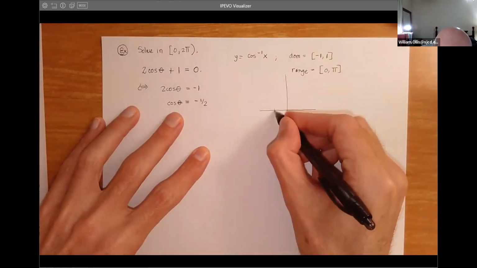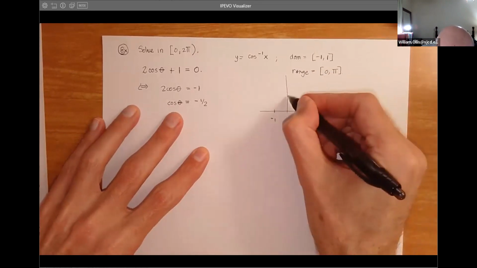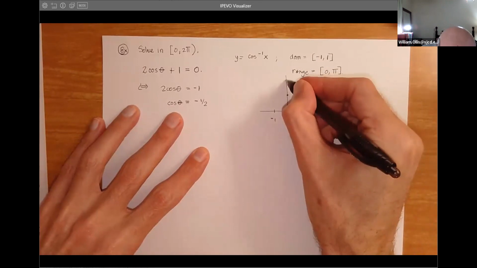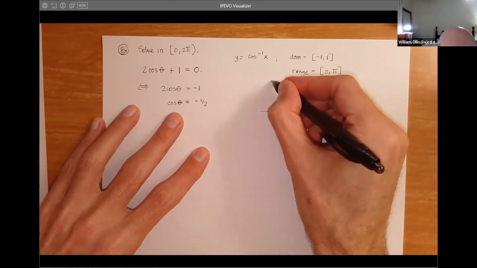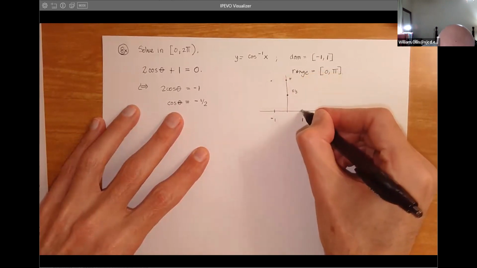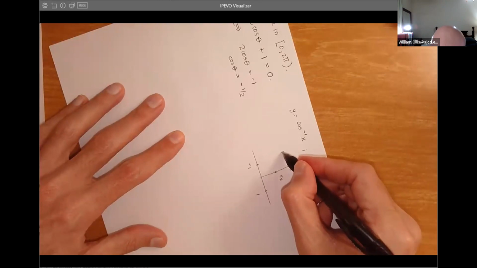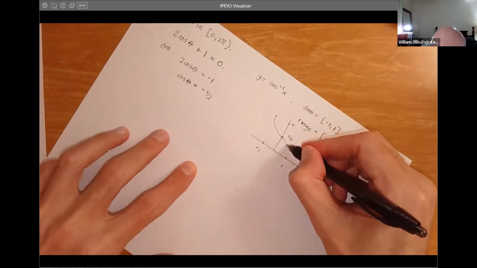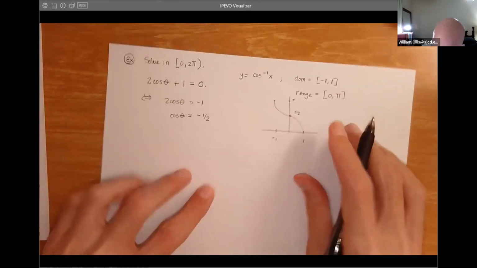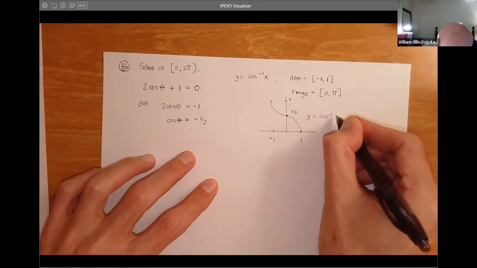This function doesn't have the nice qualities of the inverse sine, but it still has good qualities. So we have pi over 2. You all probably know all of these already; I'm just reminding you. And so let's draw it. There you go. So this is y equals inverse cosine of x.